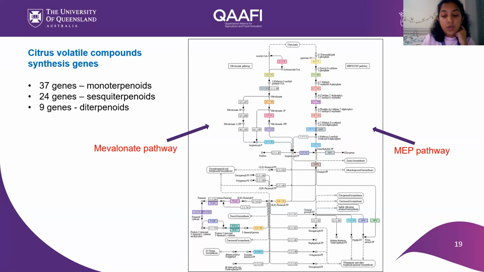Previous studies have also reported that some citrus plants rich in certain monoterpenes and sesquiterpenes have antibacterial activities against the HLB-causing bacterium Candidatus Liberibacter, and can reduce its spread inside the phloem tissue and provide resistance for these plants.